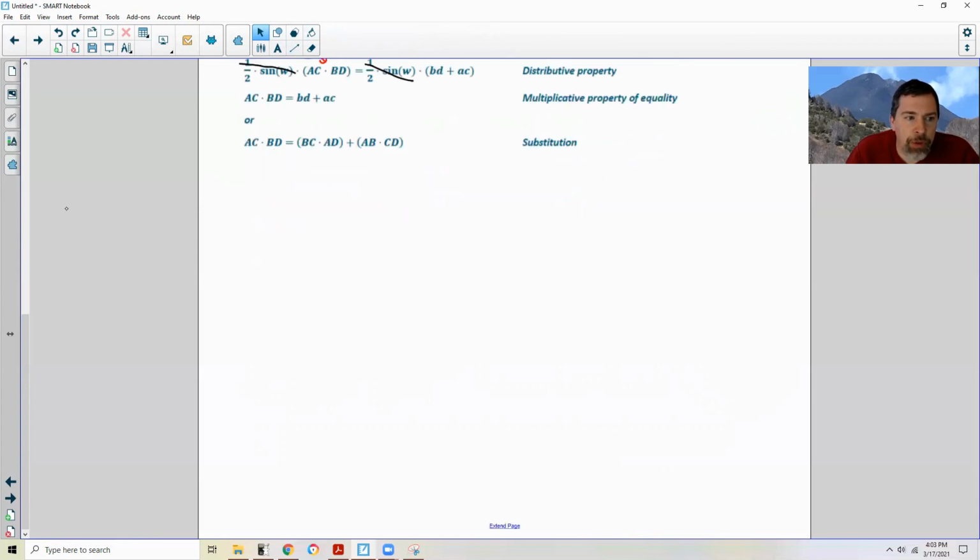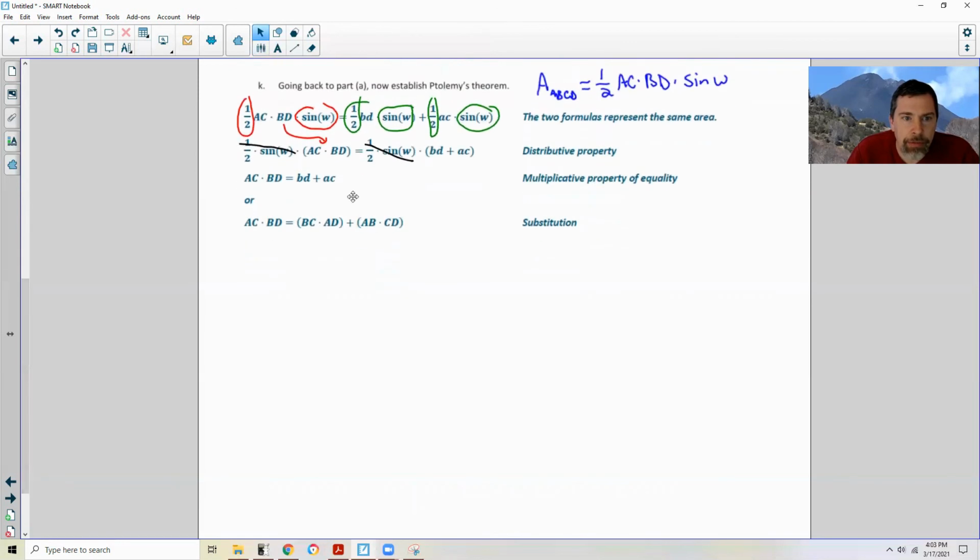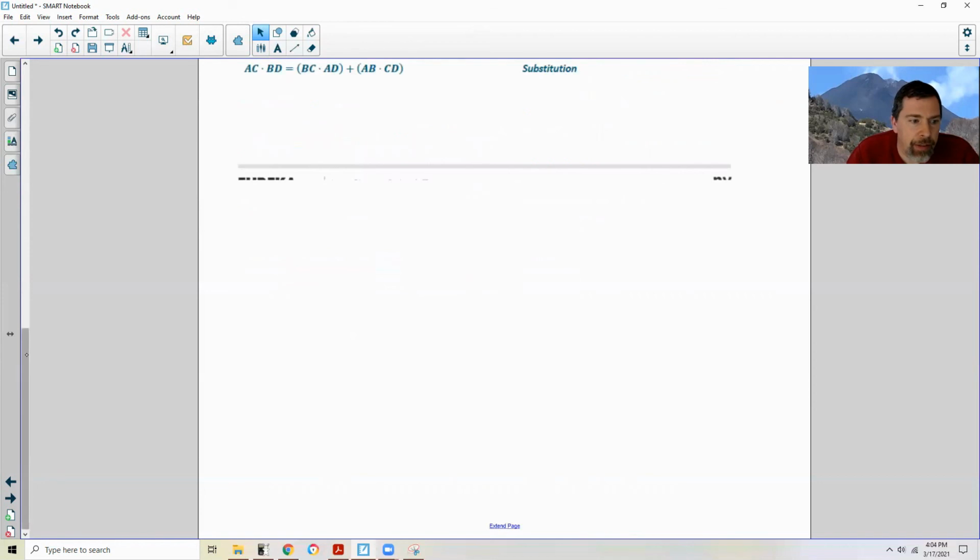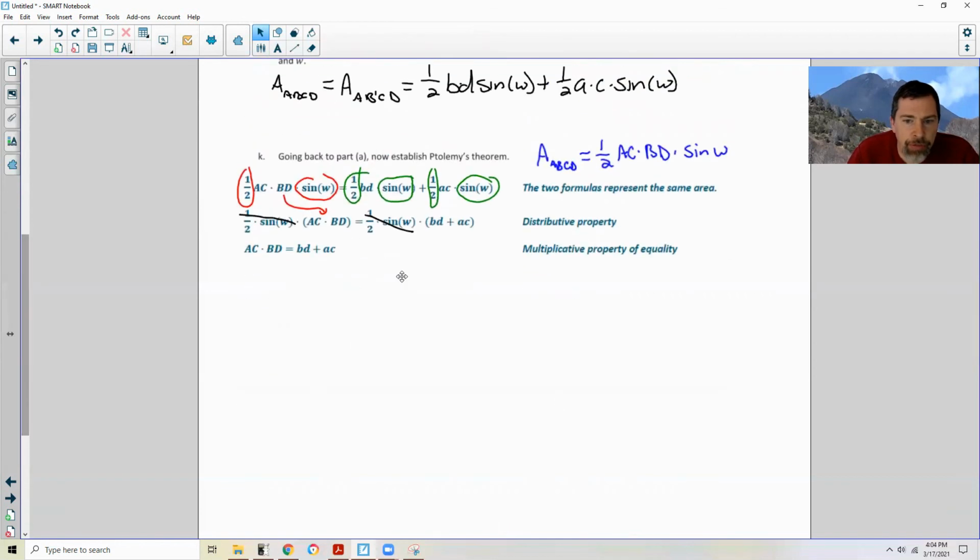AC times BD equals BC times AD plus AB times CD. Let's follow that. AC times BD equals BC times AD plus AB times CD. Substitution. All righty. And that's it. I would just stick with this one right here, and that proves that AC times BD equals BC times AD plus AB times CD.